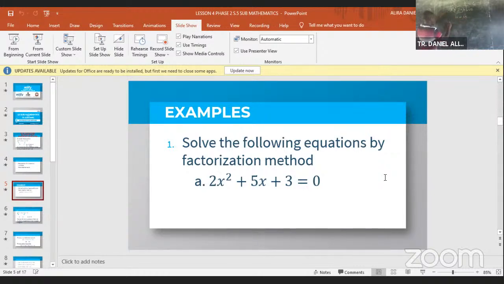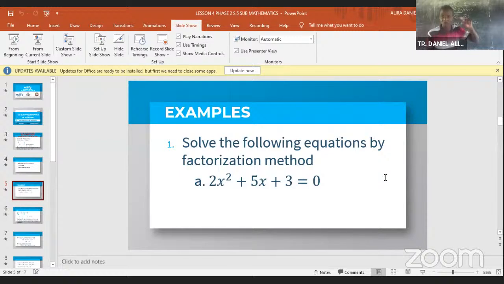So you shall have 2x squared, then plus 2x, this is positive 2x, and positive 3x, then plus the other 3 equals 0. After getting those two numbers, which multiply to 6 and add to 5, you replace the middle term with them.